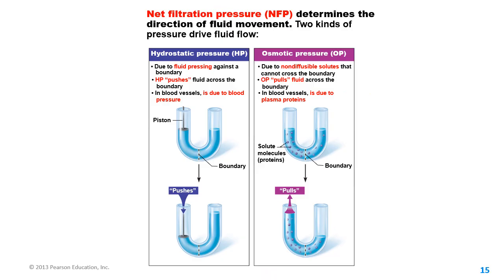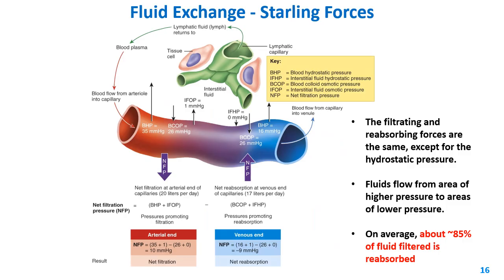All right. So this is from your book, showing how those forces can be looked at. So you have here your hydrostatic pressure, and you have here your osmotic or oncotic pressure, and I just explained that, so I'm going to fly through that. Okay, so now comes the fun stuff. What is going to happen over here? Those forces are going to dictate whether you have filtration or reabsorption.